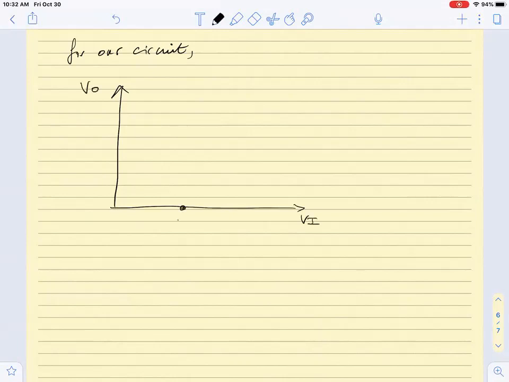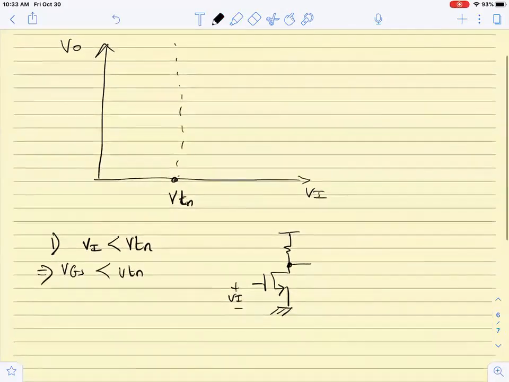First, I will see if VN is less than VTN. So the first region I'm going to study is VN less than VTN. The transistor has plus and minus VN here. What does this tell me about this circuit? If VN is less than VTN, meaning VGS is less than VTN, is the transistor on or off?